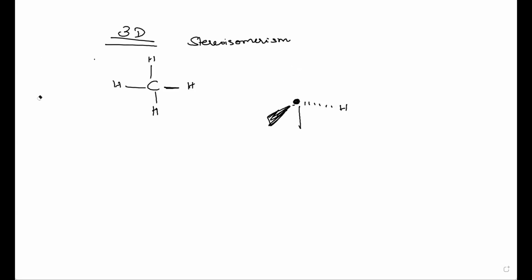These hydrogens are in the plane. All these things have to be said. So this is a three-dimensional structure. In the case of stereoisomerism, there are various ways by which a molecule can be shown. These are called projections.